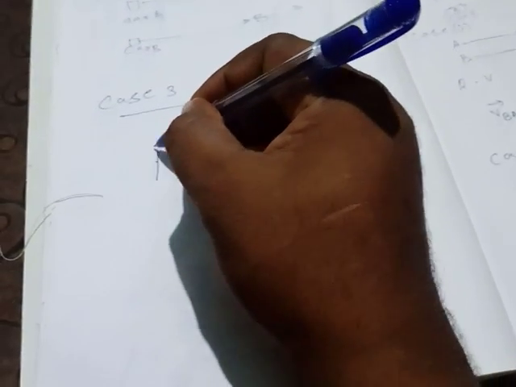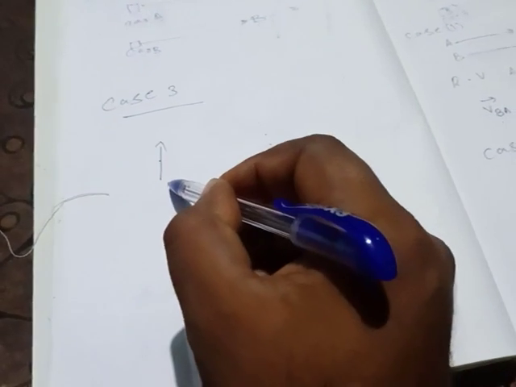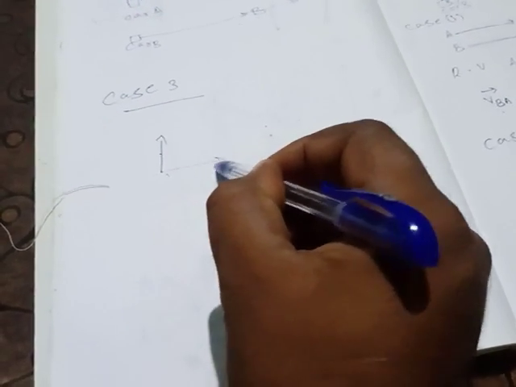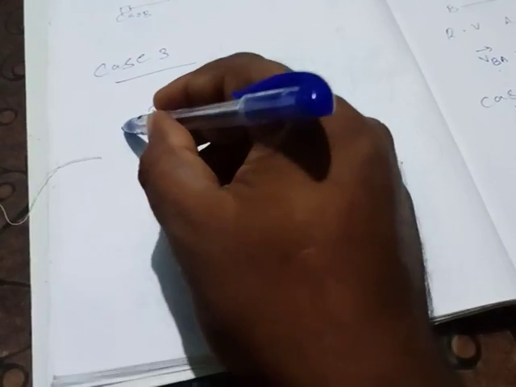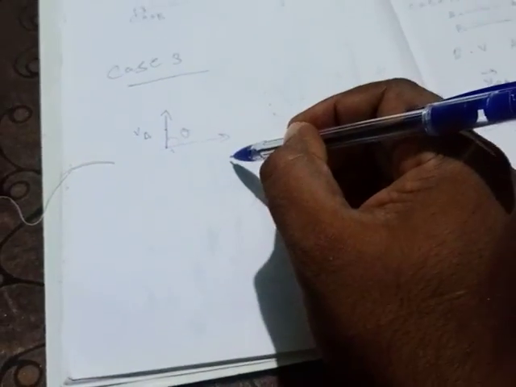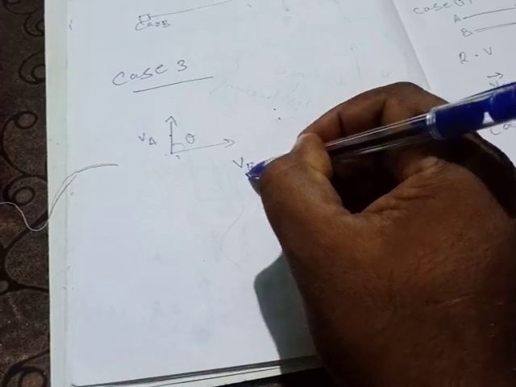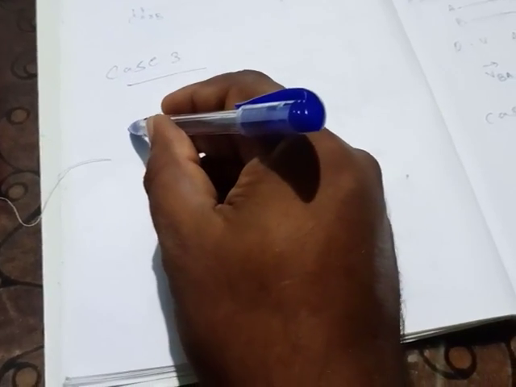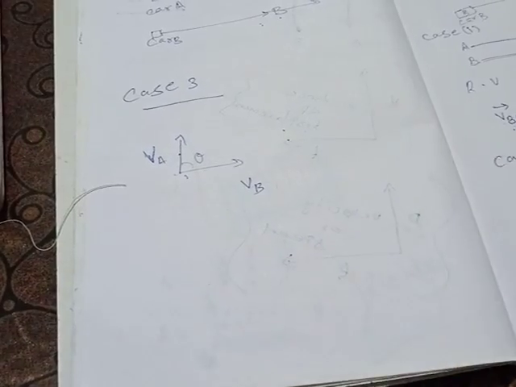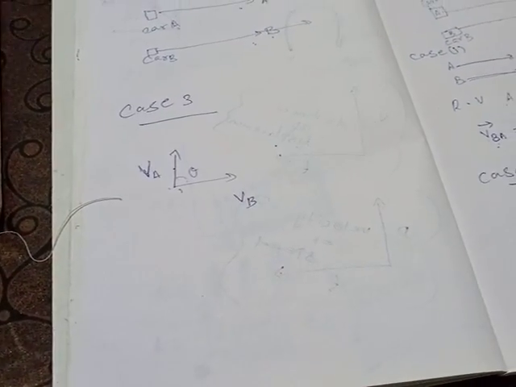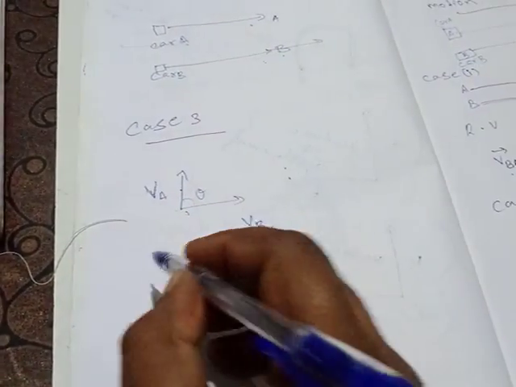One object is moving like this, another object is moving in this direction, so they make an angle theta. You can take VA, VB. Now what will be the relative velocity?